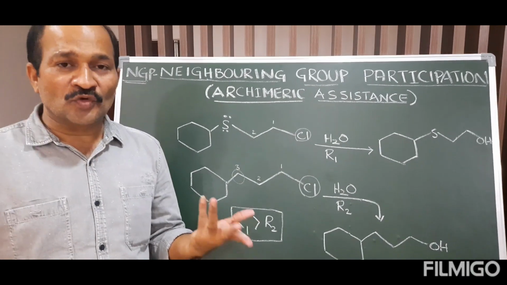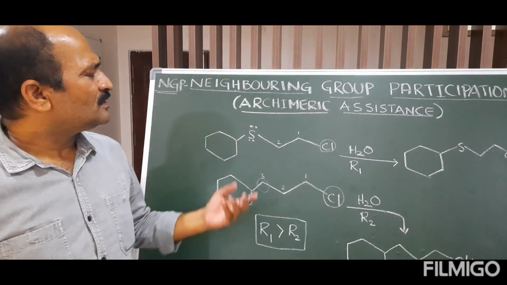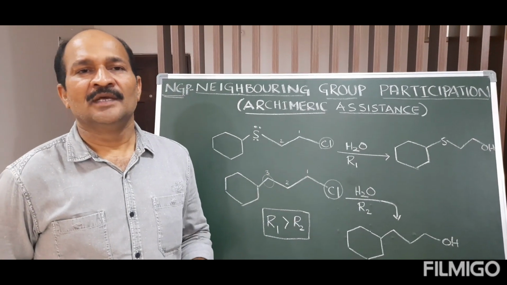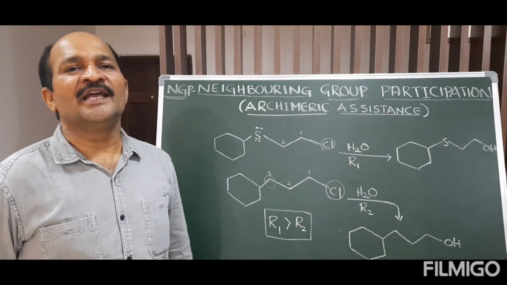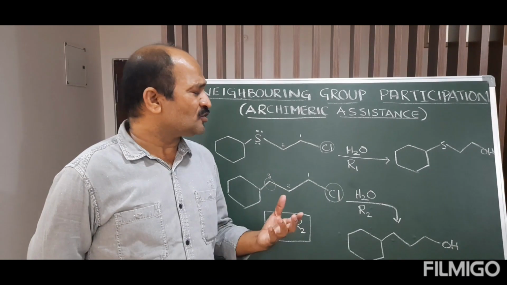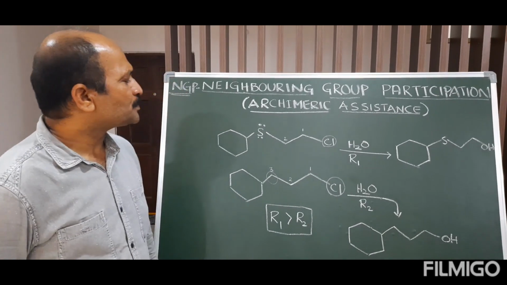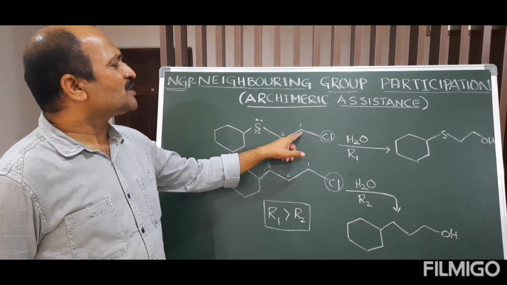Students have a lot of confusion about in which cases neighboring group participation will be noticed, in which molecule a neighboring group is there, or the neighboring group effect dominates. Very simple, students.